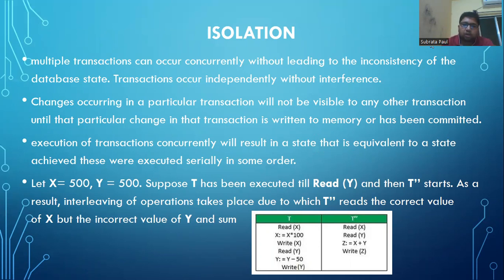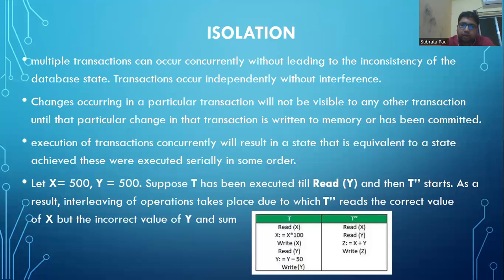Execution of transactions occurring concurrently should result in a state that is equivalent to the state achieved if they were executed in serial order. If we consider again the same case, where X value is 500 and Y value is 200, suppose a transaction T has been executed till read Y, that means till the fourth particular statement, and then T dash has started. That means T is continuing when T dash is started. Therefore, the value which T dash will receive for X will be the correct one, whereas the value that it will receive for Y will be incorrect.